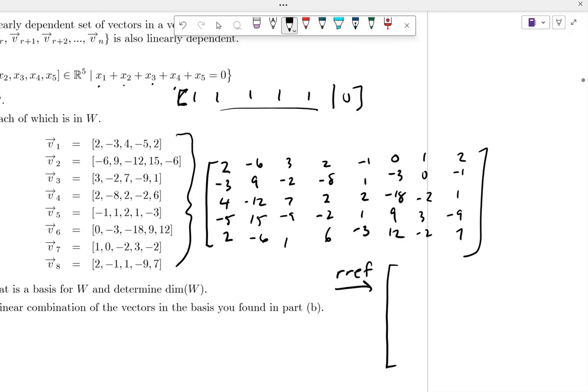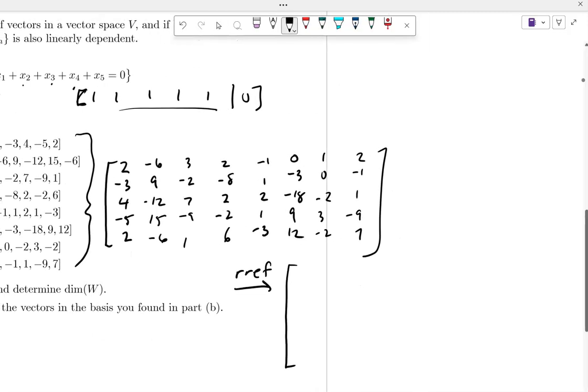Do we have it? Anybody have it? I know Austin's still typing. I can tell you what the last row is going to be. It's going to be a row of zeros. Yeah, it should be a row of zeros at the end.